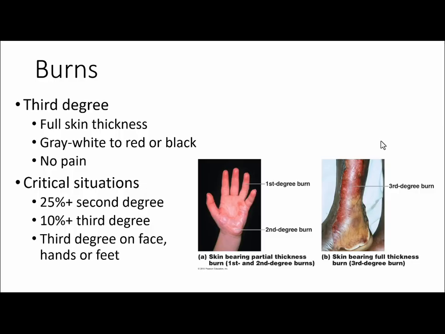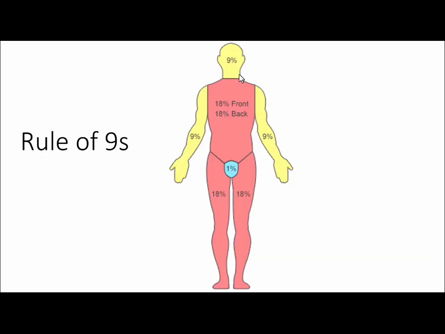Now I said 25% or more for a second-degree or 10% or more for a third-degree burn is considered critical. Well, how do we figure out what percentage of burn we're experiencing? That is where the rule of 9s comes in. Your body is divided into 11 areas, and each area is considered to be 9% of your skin. Your head has 9% of your skin.